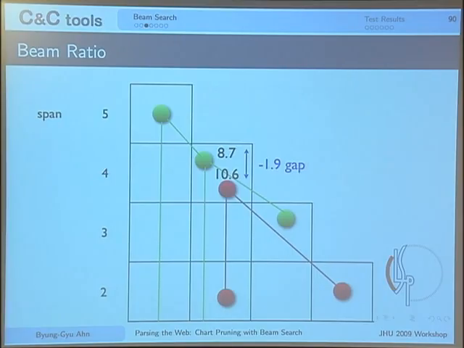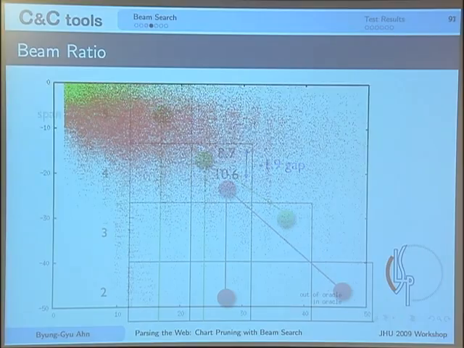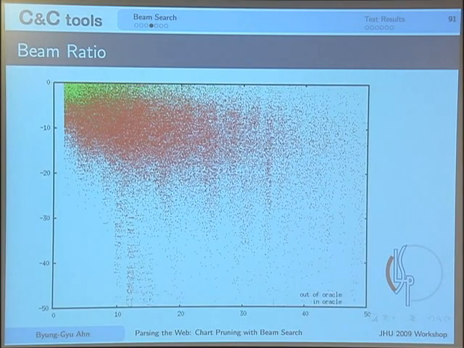So to see how aggressive the beam should be, we measure this beam ratio for Wall Street Journal Section 0 data. So here's the result. The x-axis is the span, and the y-axis is the beam ratio in log scale.